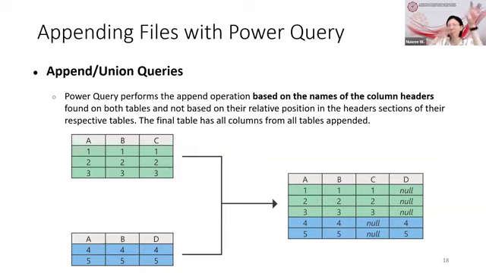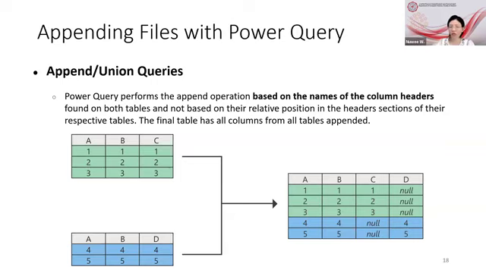So you can have A, B, C, whatever. It will look at the name of the column header. And the first table in the list that you append will set the order of the column headers in the results. The final table columns come from all the columns of all the tables that you have.